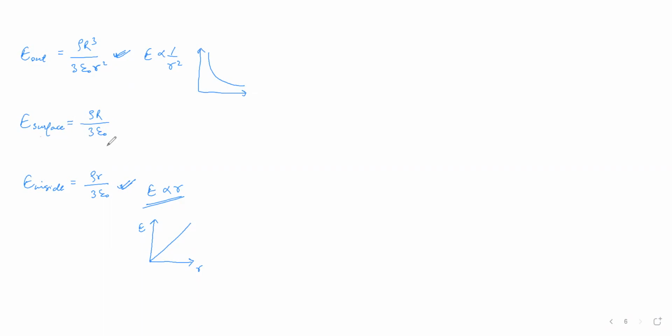Can anyone tell me what will be the value at the center? I am going to explain this equation in another way. E surface is rho r over 3 epsilon. What will happen when r is 0? When r is 0, this means we are discussing the field at the center.